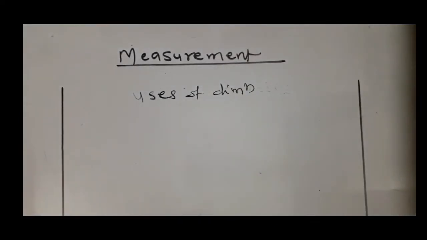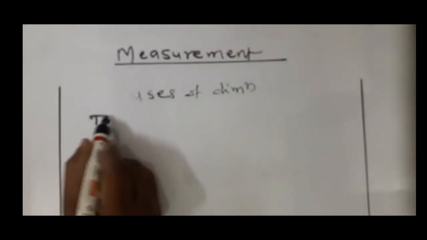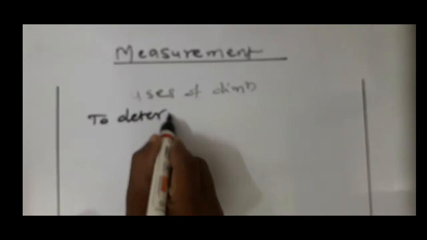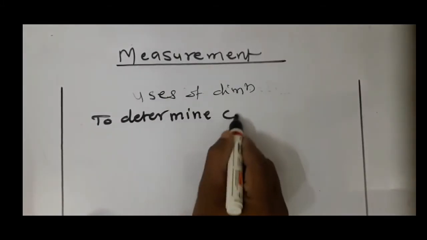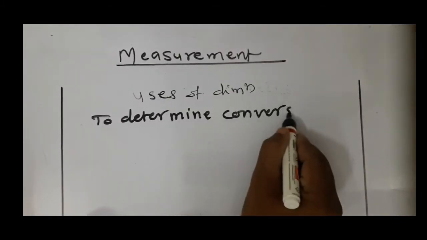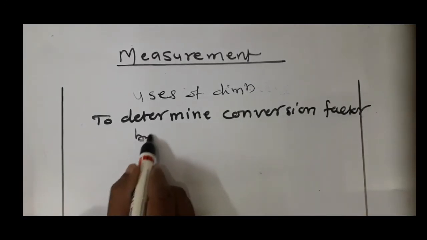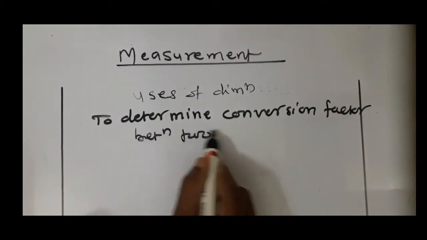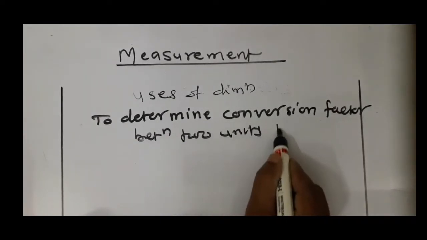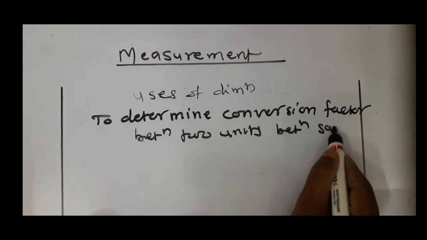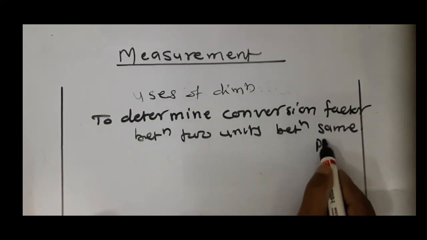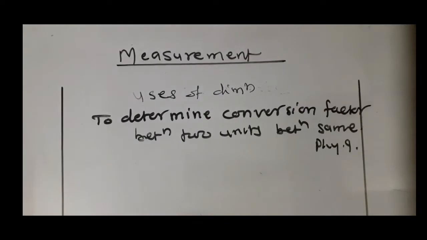The second use we have to see here is to determine the conversion factor between the two units of the same physical quantity. The two units must be of the same physical quantity. Okay, this is the second application of the dimension.